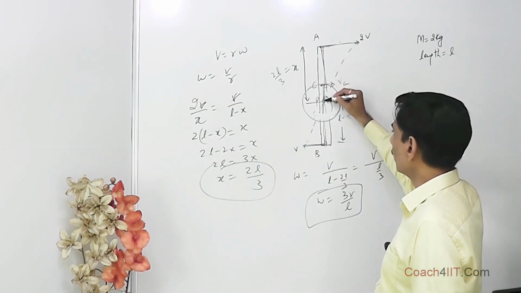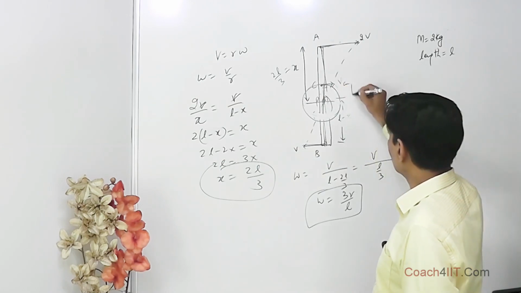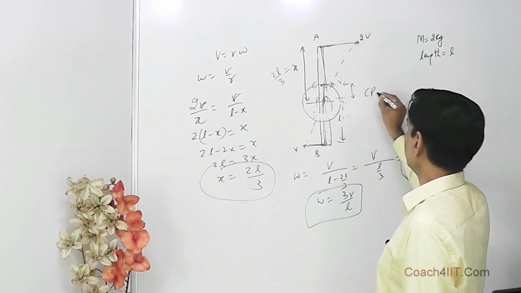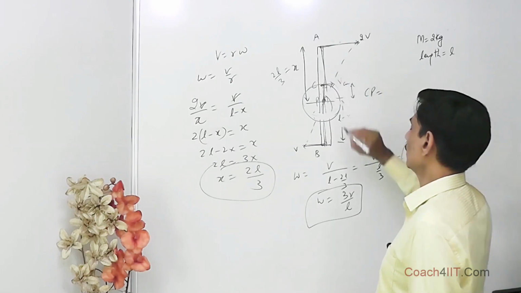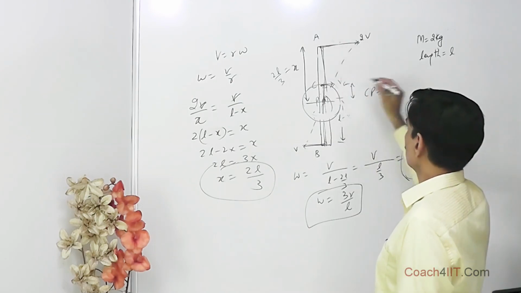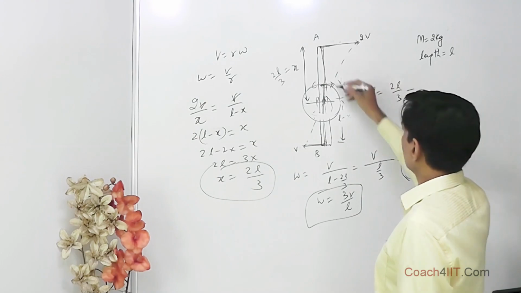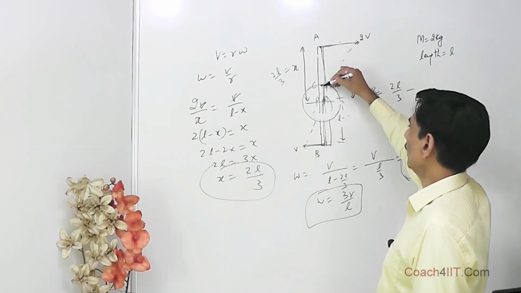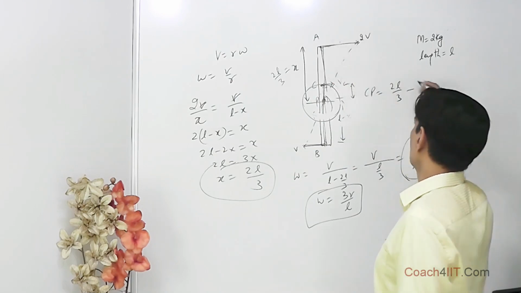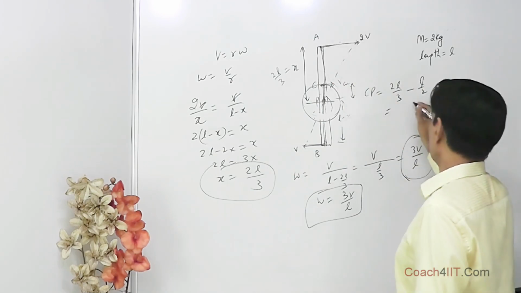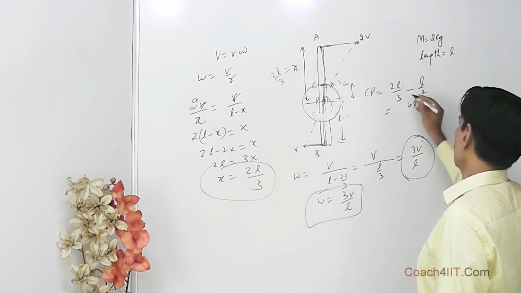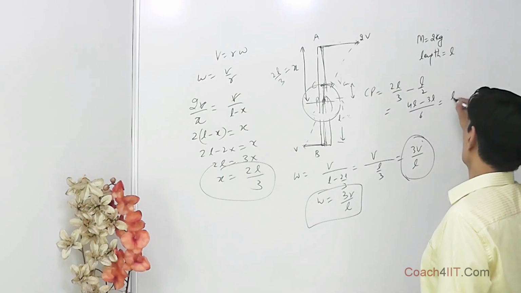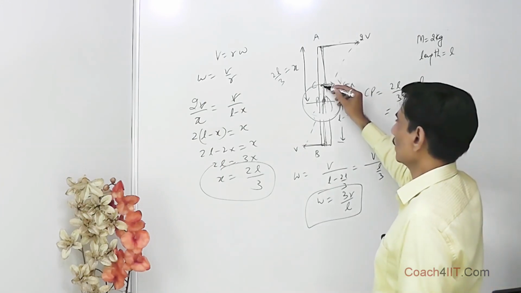So what is the distance CP? It is 2L by 3 minus AC. C is the center of mass of the whole rod, so AC is L by 2. So 2L by 3 minus L by 2 is, cross multiplying, 4L minus 3L upon 6, which is L by 6. So this distance is L by 6.